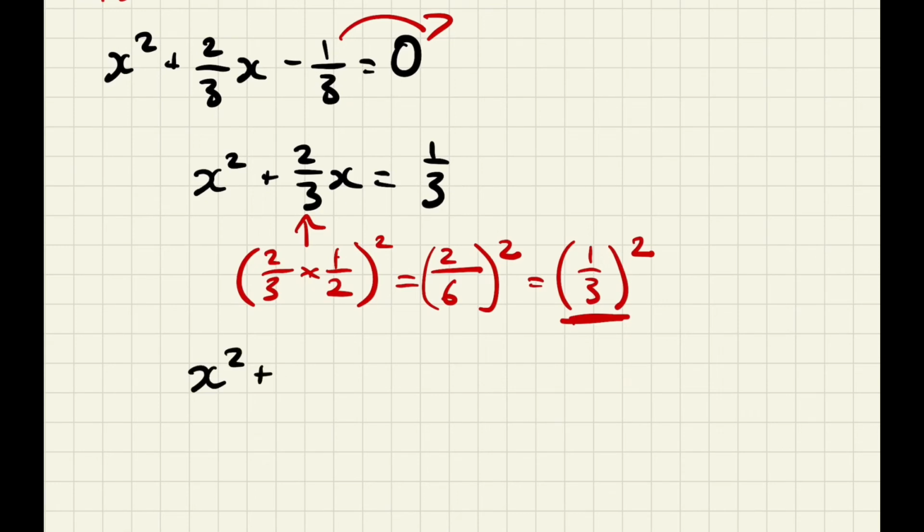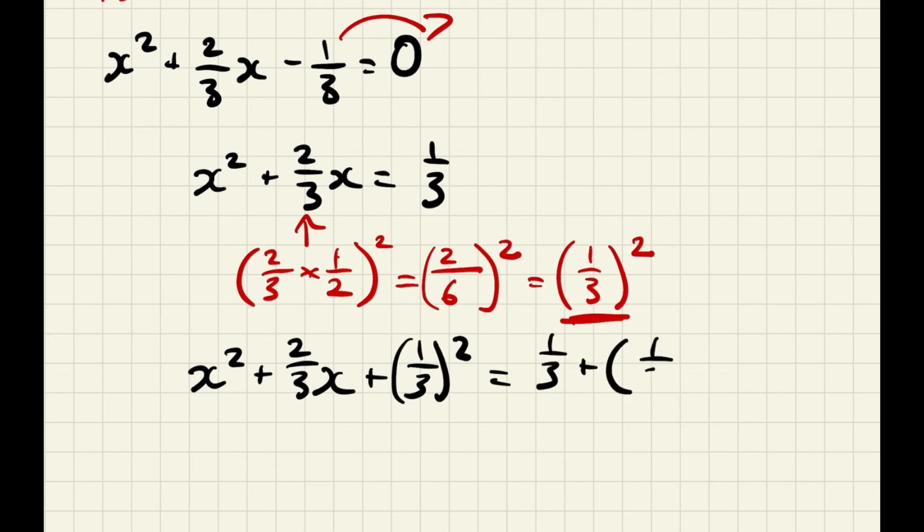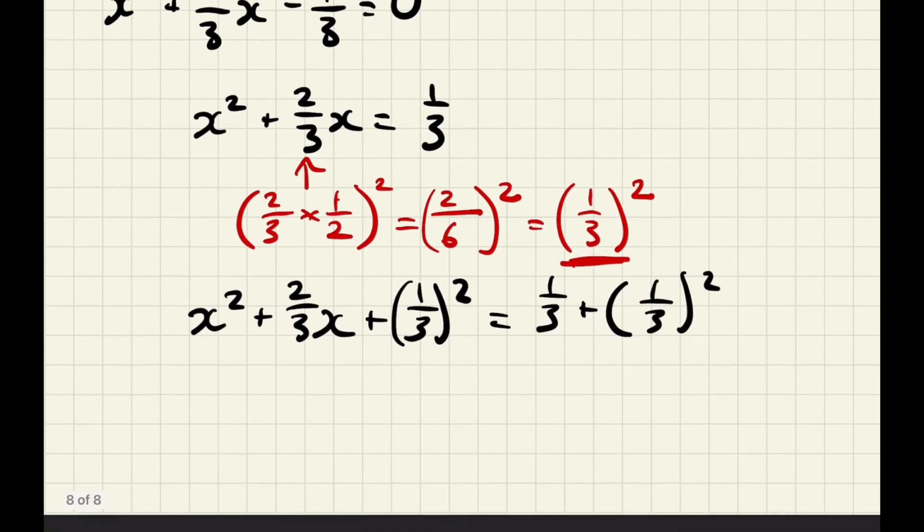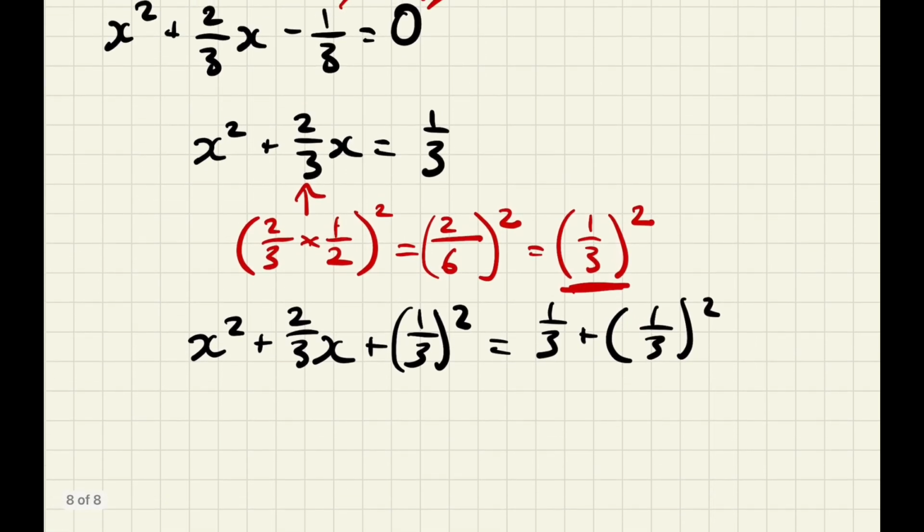So we'll have x squared plus 2 on 3x plus 1 on 3 all squared is equal to 1/3 plus 1 on 3 all squared. Then let's do our factorization. So factorizing this part here, once again, two numbers that add to give 2 on 3, same two numbers to multiply to give 1 on 3 squared.